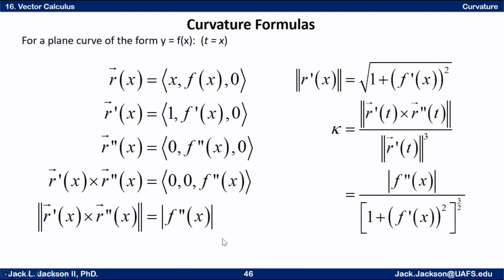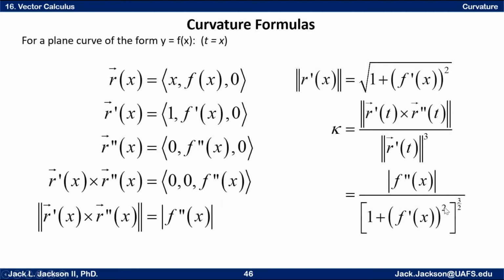Okay, and so kappa, from our formula from the previous slide, is the norm of r prime crossed with r double prime divided by the norm of r prime cubed. Well, the top we see is just the absolute value of f double prime, and the bottom is this thing, which is 1 plus f prime squared to the 1/2 power, and then we have to cube that.